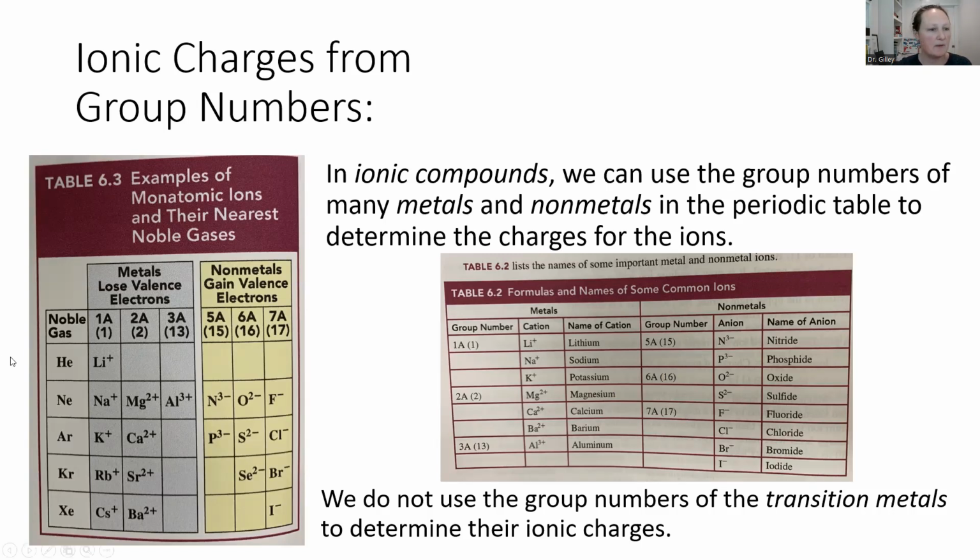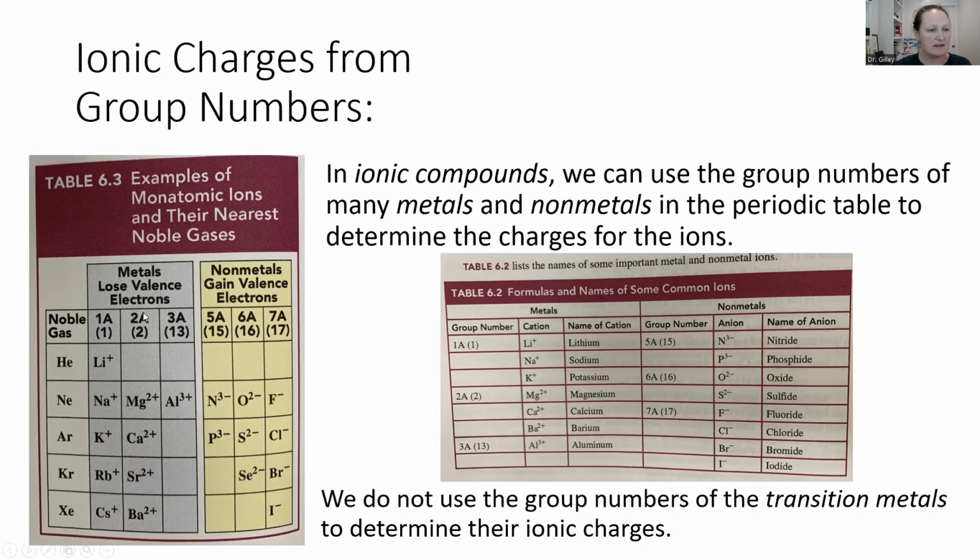For example, all of the elements in group 1A tend to lose one electron to have a +1 charge. Since there's only a 1 here, we just omit the 1 and say the element symbol and then just plus instead of +1.